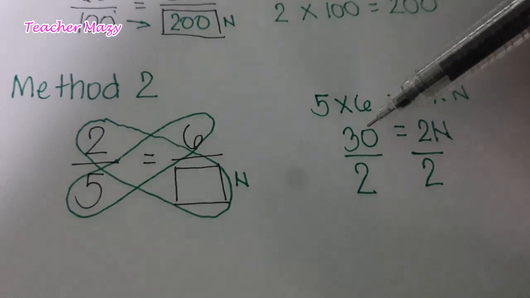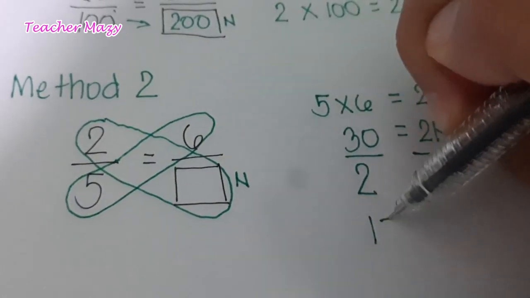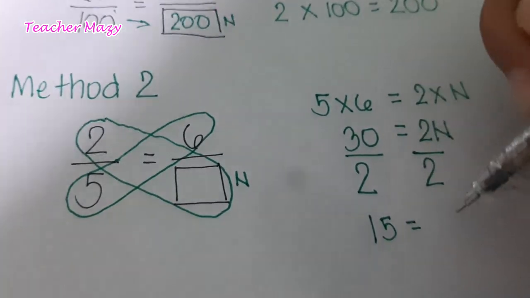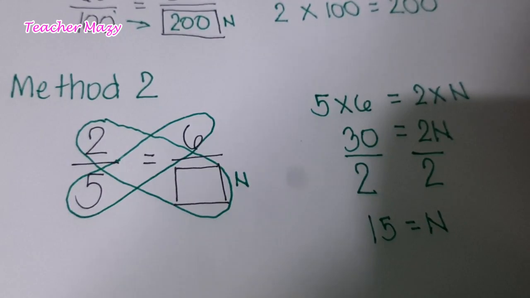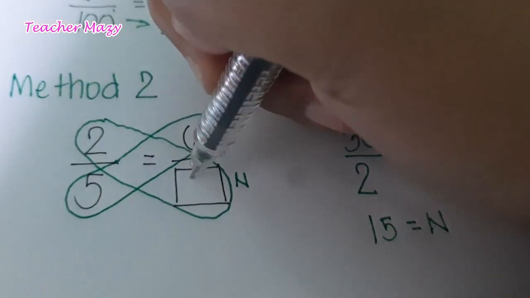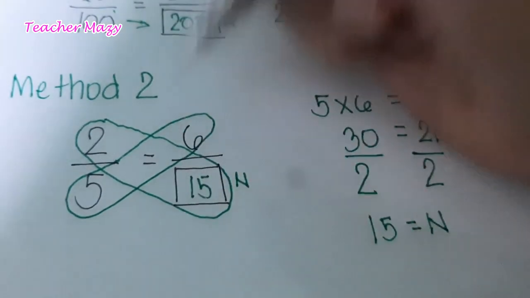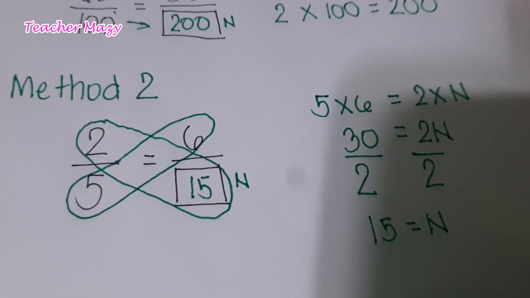So 30 divided by 2, that is 15, is equal to n. That's how you find the missing term algebraically. So our missing term here is 15. That is the second method.